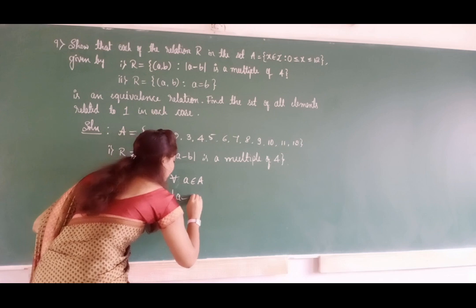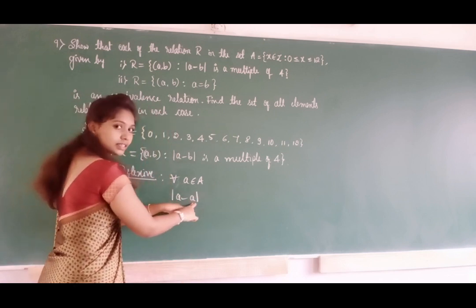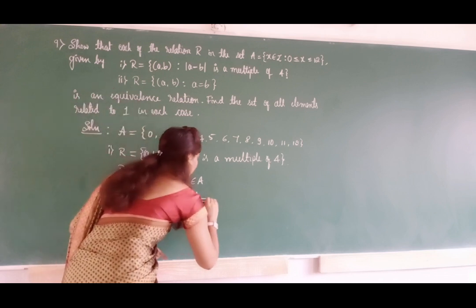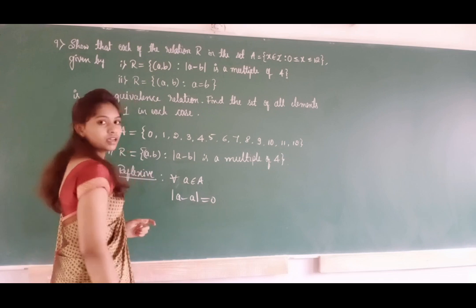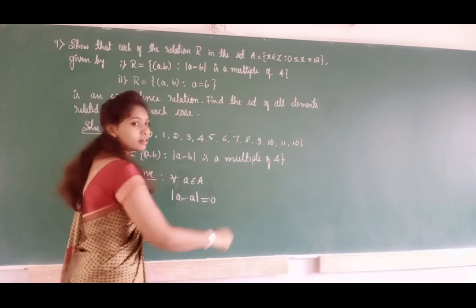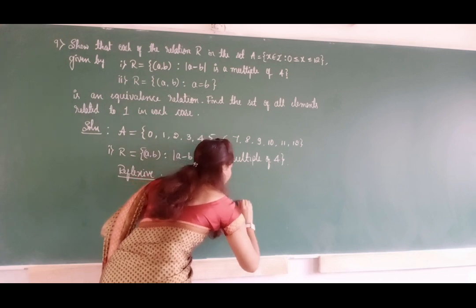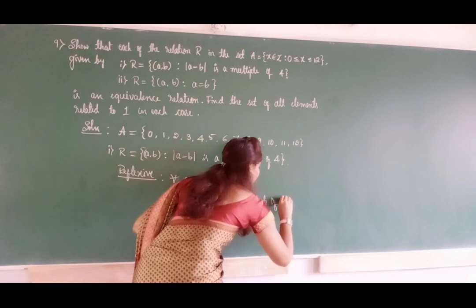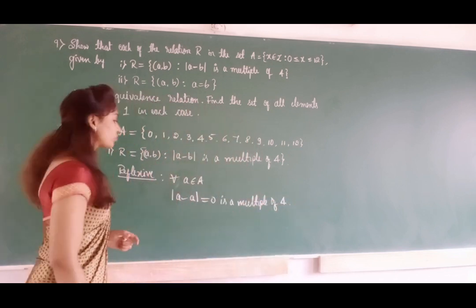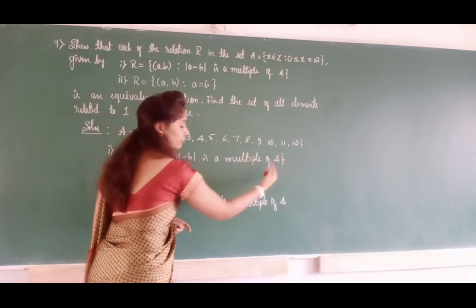What is the modulus of A minus A? Modulus of A minus A is equal to 0. A minus A means 0. Modulus of 0 is 0. Obviously 0 is a multiple of any number, right? That's why 0 is a multiple of 4. What is shown here? A minus A is a multiple of 4.